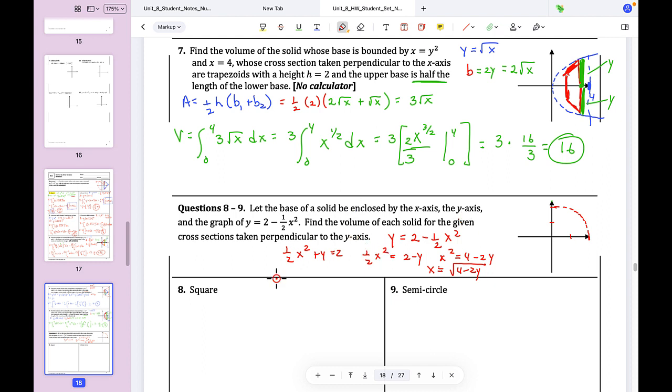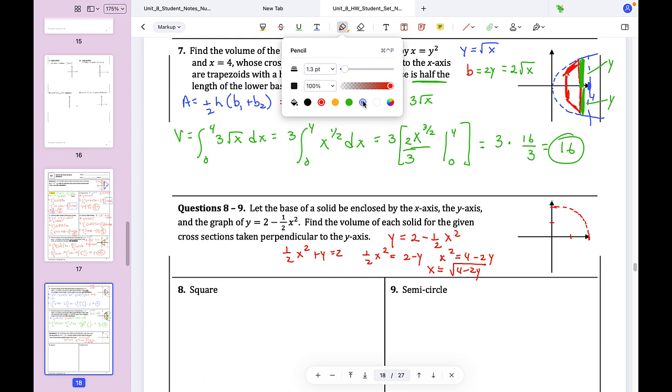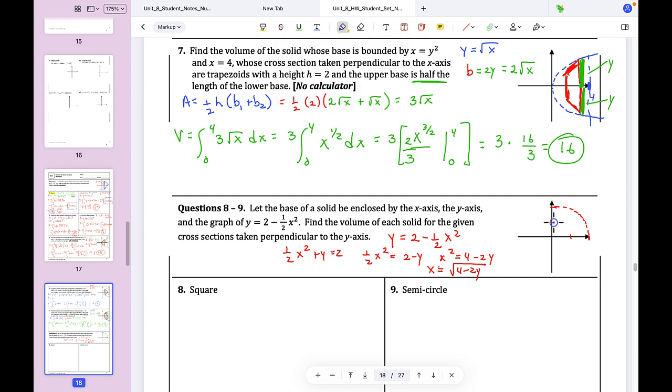All right, so now we're looking at squares, but the squares are perpendicular to the y-axis. So here's my square.